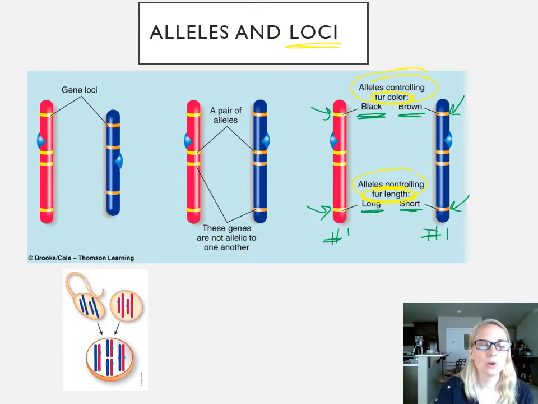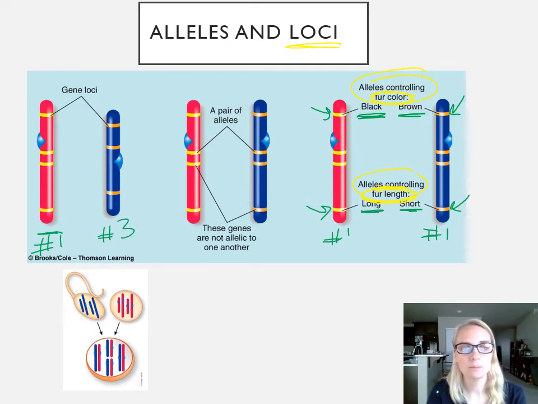Okay, so looking back at some of these other chromosomes, if we look over here, this might be chromosome number 1, and this could be chromosome number 3. These are non-homologous, so they're not going to have the same genes on them. They're identifying the little yellow strips as loci, because that's just the locations of the genes, but they're non-homologous. They are not the same gene.